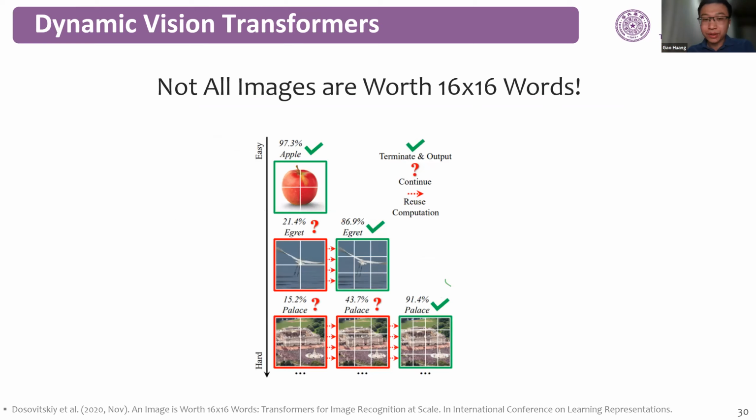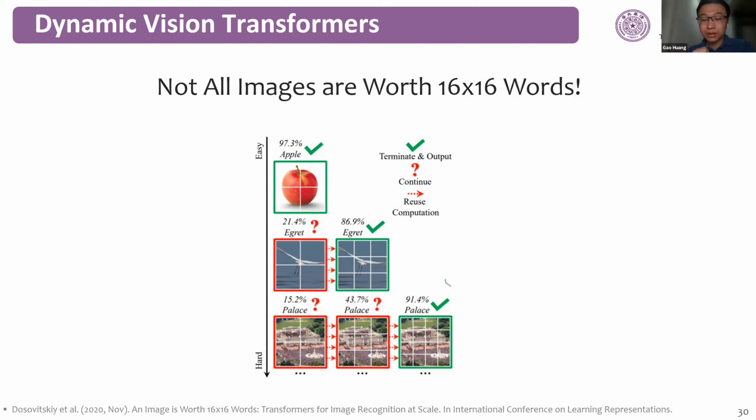For example, for an image of an apple shown here, the features are quite simple. We do not need to split it into 16 by 16 patches. Perhaps 2 by 2 patches are sufficient, right?